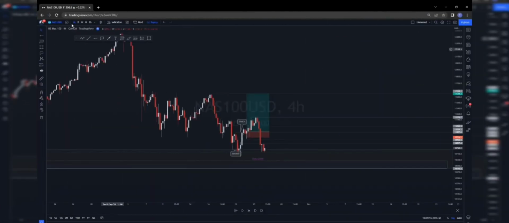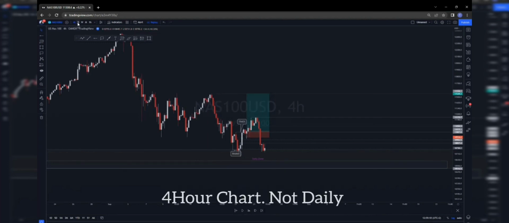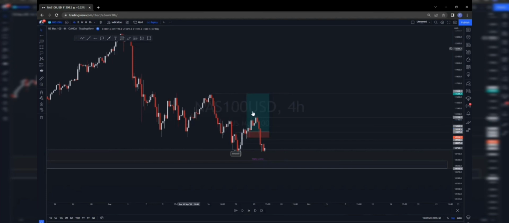All right. So going to the daily, this goes back to what I was saying about these things not being high probability. So I have 4 trades opened, 2 winners and 2 losers.